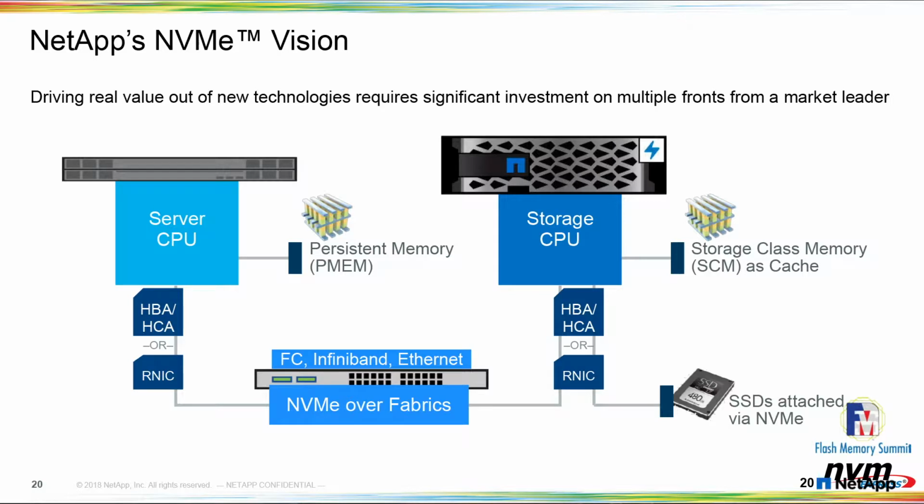So this is the part that is the NetApp vision. And again, it's not a commercial for NetApp, but I do want to emphasize the shifts that are occurring in the overall architecture here. In particular, we see the traditional architecture here with the CPU in the server, another CPU in the controller, and typically for high availability systems, we have the host bus adapters and switches and directors in the middle.